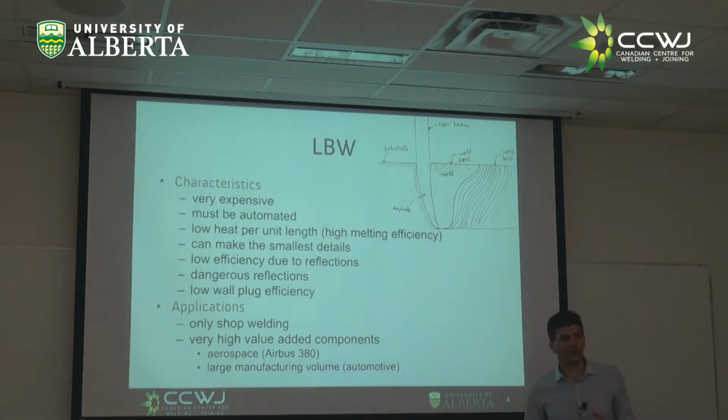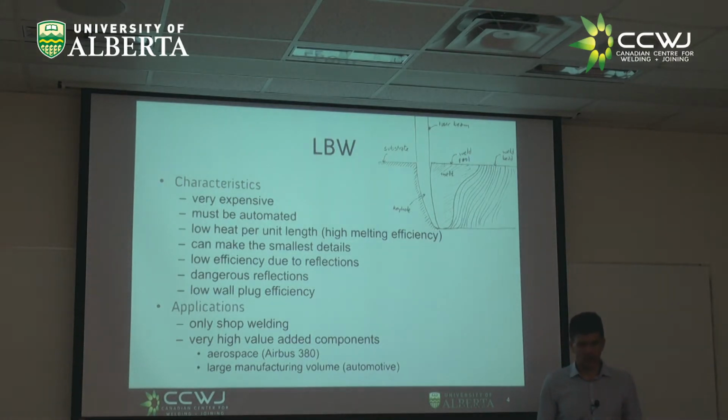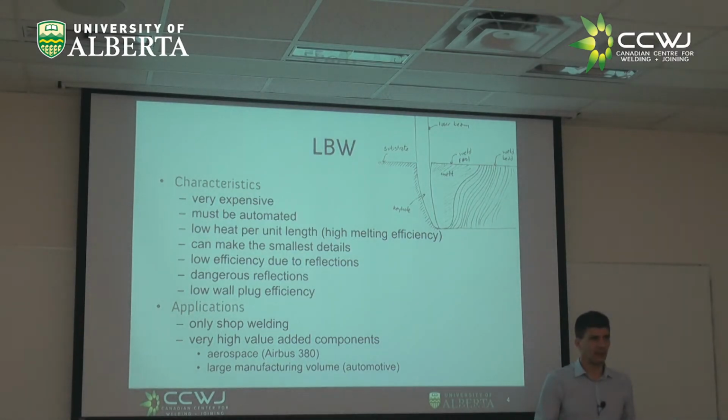What are characteristics of lasers? Very expensive. If you remember from class number 2, we talked about how the intensity of the heat source meant so much about whether you could go fast or slow, whether it needed to be manual or automated, right?